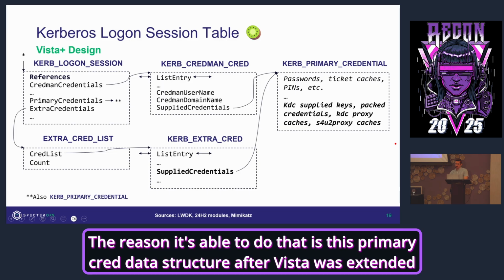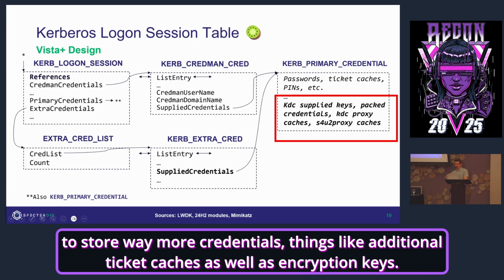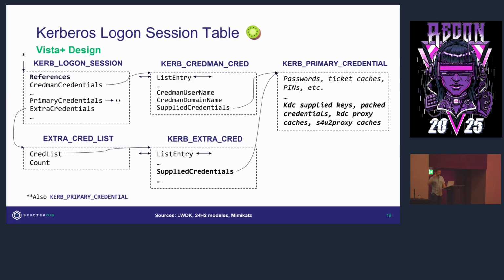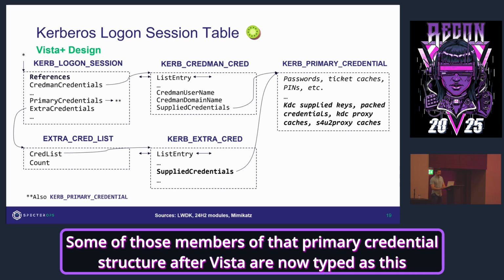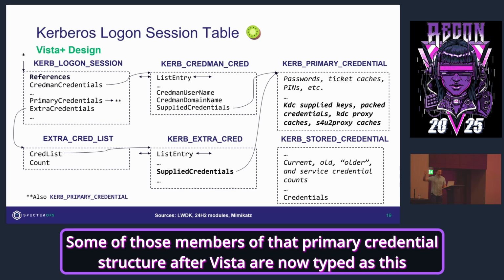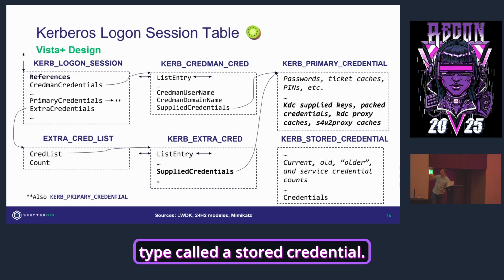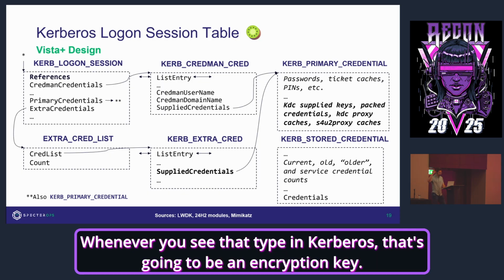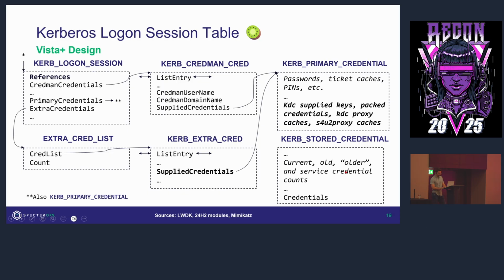The reason it's able to do that is this primary cred data structure after Vista was extended to store way more credentials. Things like additional ticket caches, as well as encryption keys. Some of those members of that primary credential structure after Vista are now typed as this type called a stored credential. Whenever you see that type in Kerberos, that's going to be an encryption key.